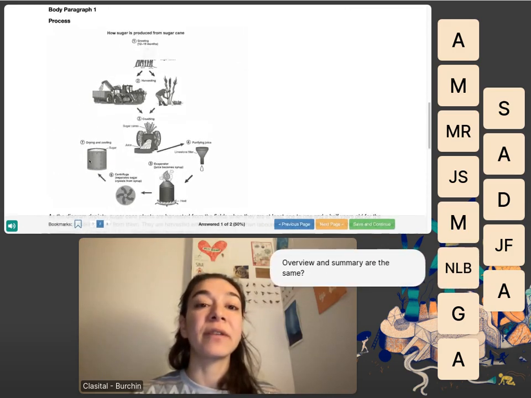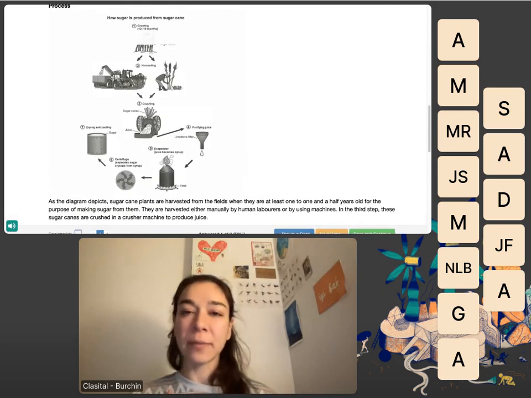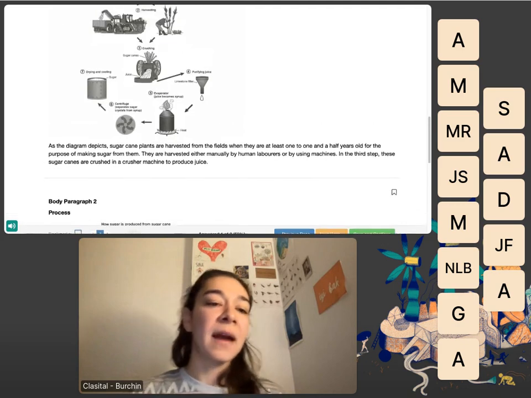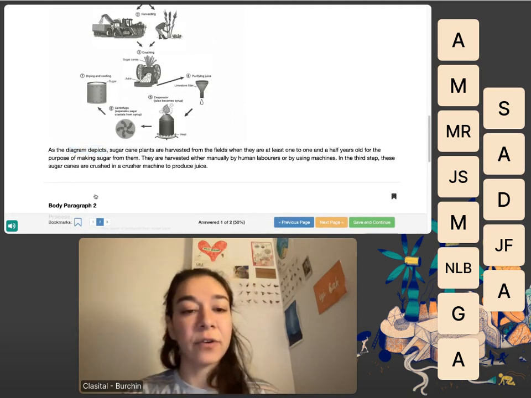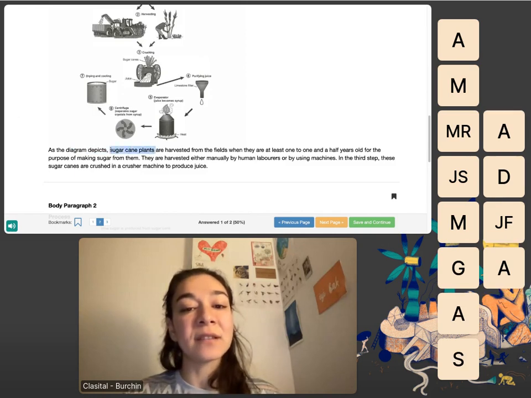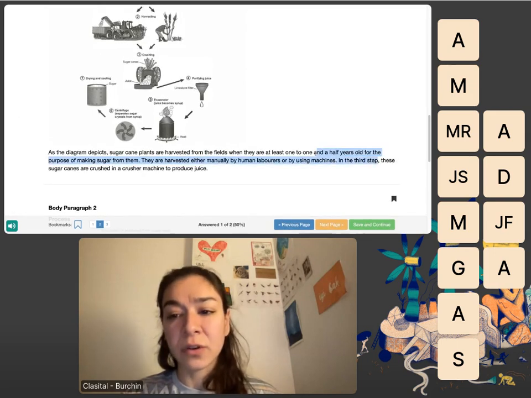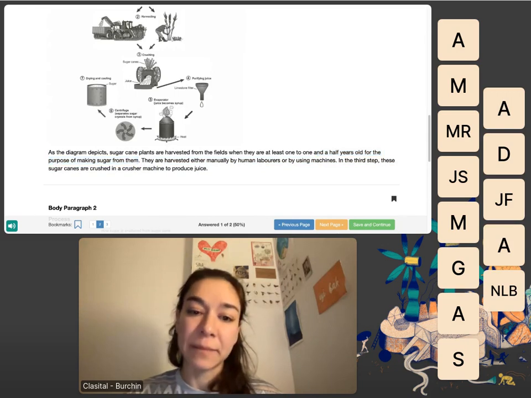We are talking about a process. First, I'm going to read my example, then I will read yours. As the diagram depicts. This is a new word too. Sugarcane plants are harvested from the fields when they are at least 1 to 1.5 years old for the purpose of making sugar from them.